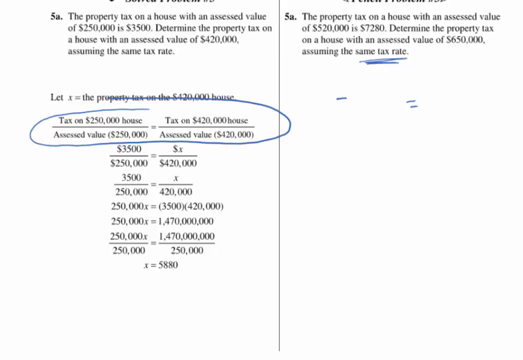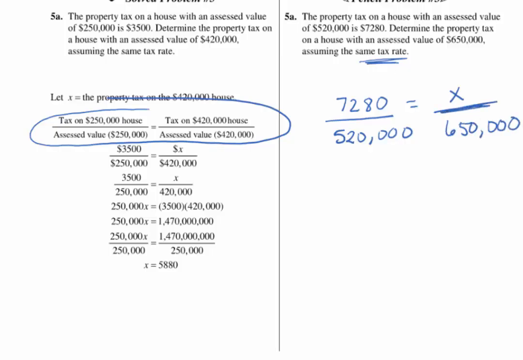So the tax on the $520,000 house, which is $7,280, out of the assessed value of the house, which was $520,000. So that rate is going to be equal to the rate of the tax from the second house, which we don't know, over the assessed value of the house, which is $650,000.